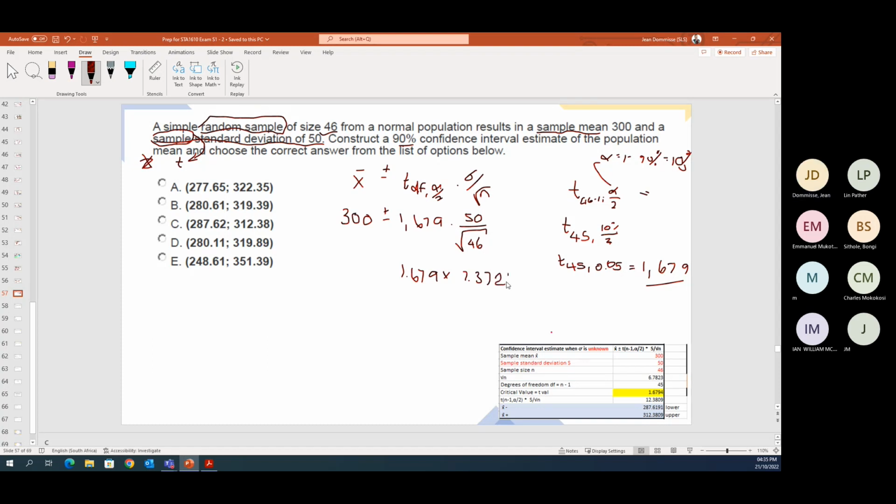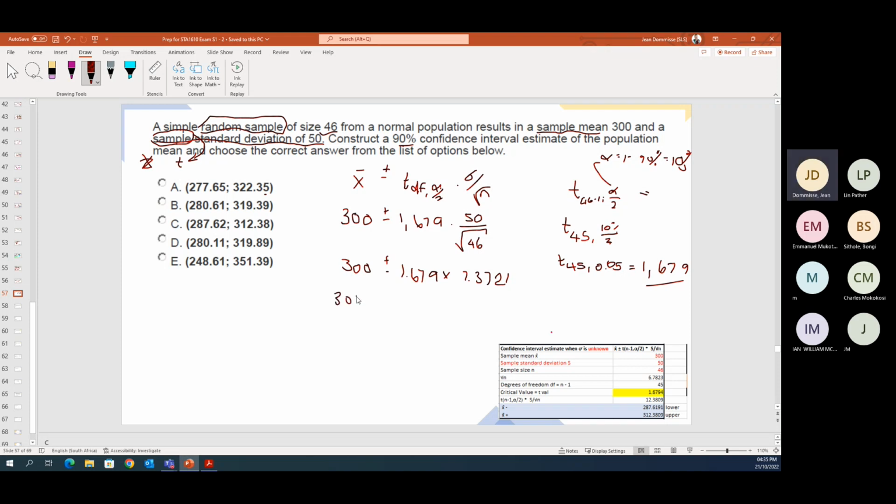7.3721. At this stage, I still keep it at 4 decimals. I could have probably started rounding it off because I will end with 2 decimals, but let's see what happens.